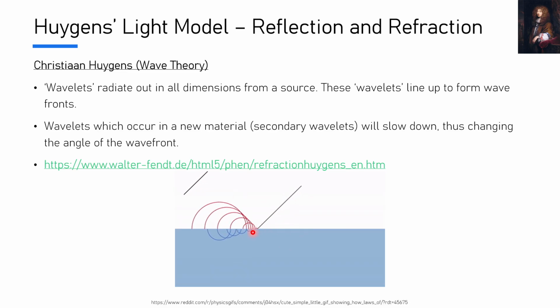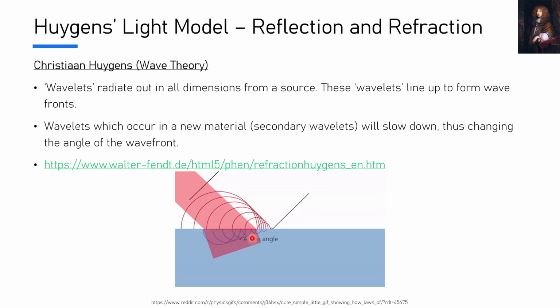Essentially, this line here and this wavefront here are perpendicular to each other, which is showing this idea of reflection. We also have a set of wavelets here that are going in a slightly different direction when we are looking at the wave fronts.